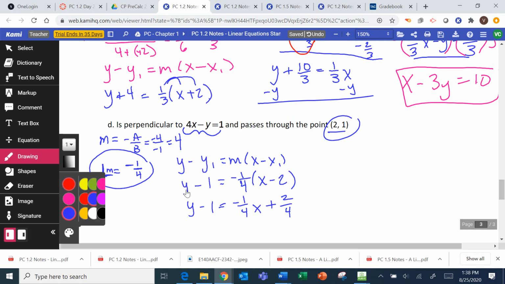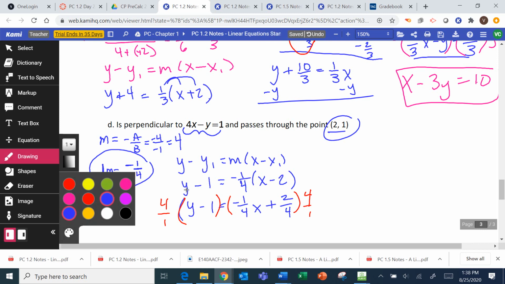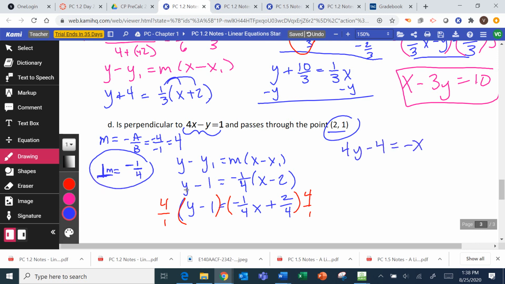To get rid of a fraction with a denominator of 4, I will multiply both sides by 4 over 1. So now I've got 4y minus 4 equals negative x plus 2. I multiplied everything by 4 and canceled out all denominators of 4. Put it in standard form.